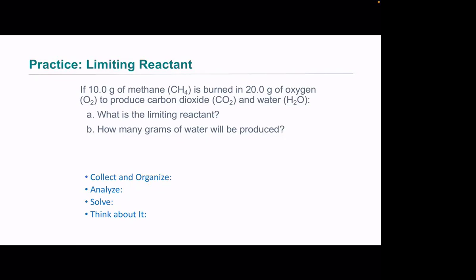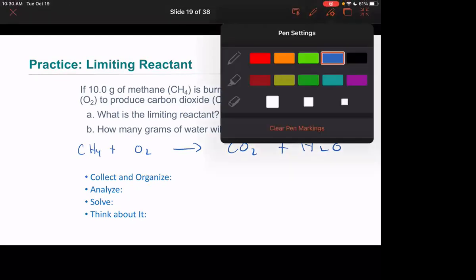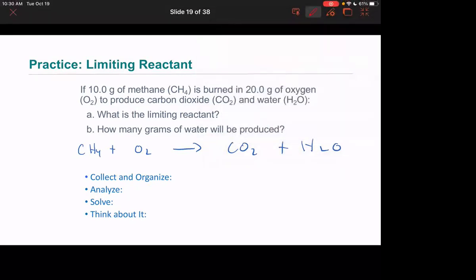Okay, so methane is burned in oxygen. We know this, even if it wasn't told to us. We can simply put a 2 out in front here, right?